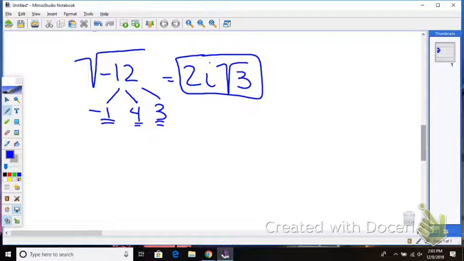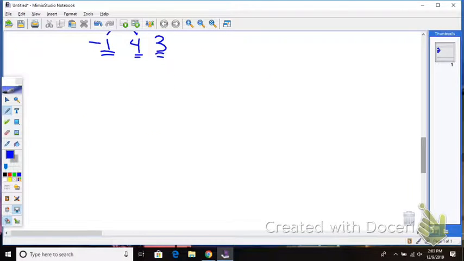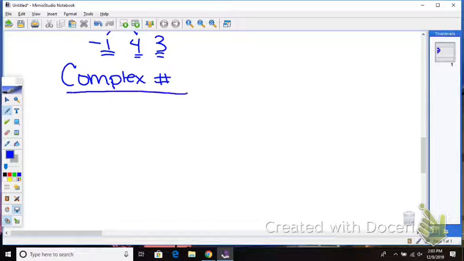I actually forgot this was part of it. So let's move on to complex numbers, what we're really doing today. A complex number looks like this: a plus bi, where a is a real number, like 4, 5, 6, 7, 8, 9, 10, 11, 12, just a real number, and bi is your imaginary number.